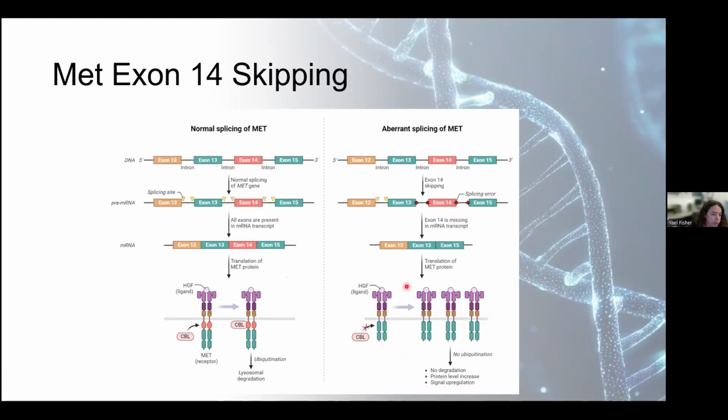So we're left with a MET protein, a tyrosine kinase, that does not have a binding domain to its ubiquitin ligase, and it will not be degraded. It will stay highly expressed on the cell membrane, causing overexpression and the oncogenic effect of MET in this case.